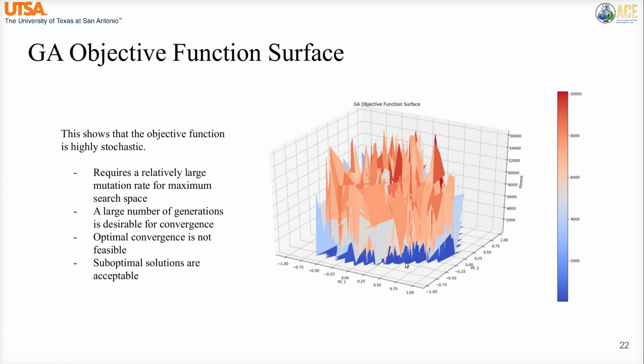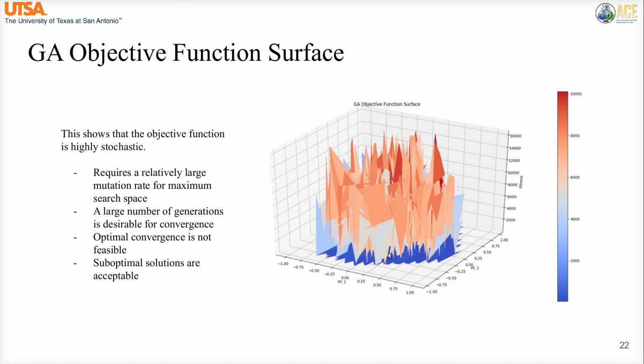So here I have plotted the actual objective function surface. I have 6 optimization variables, and obviously I can't plot 6 dimensions, so I compress those features into just 2 features using PCA, which I'll talk about in a minute, and then computed the fitness score for each one of them and plotted them in this plot. What you can see is that what I'm looking for are minimums, because I'm trying to minimize my objective function.